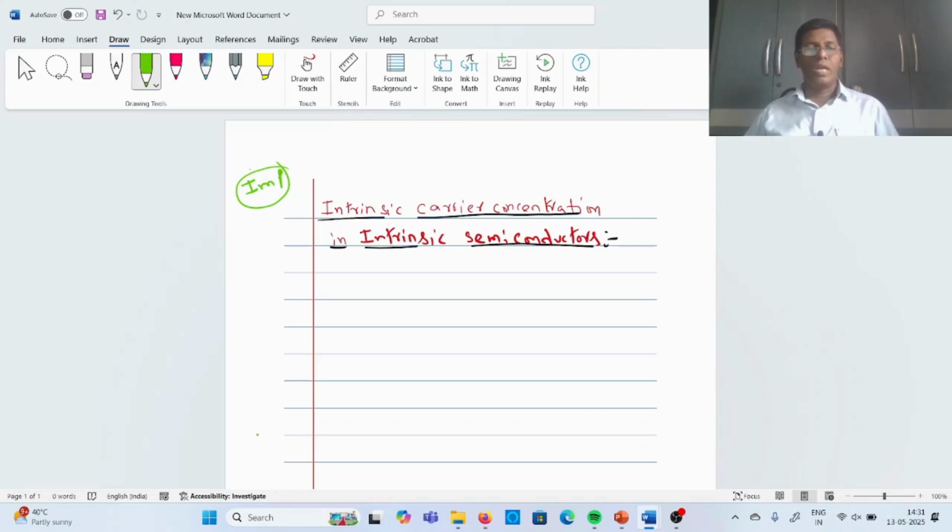For this calculation, I am going to consider an intrinsic semiconductor. Already in the last two classes, I have explained about intrinsic semiconductor.